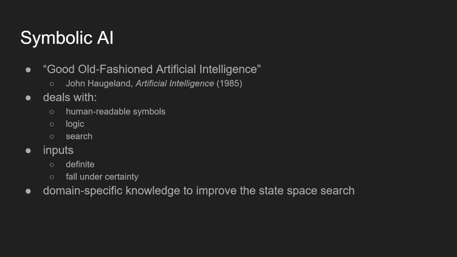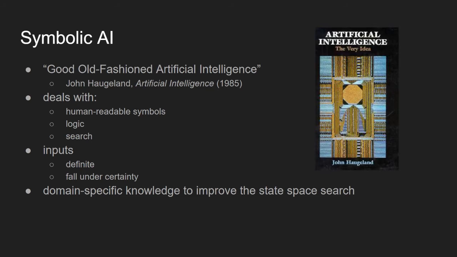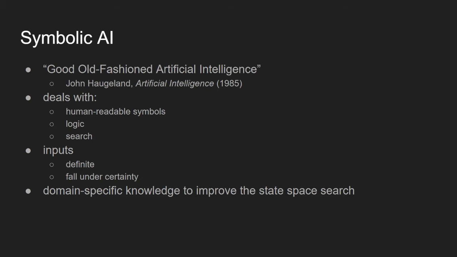Symbolic artificial intelligence, or good old-fashioned artificial intelligence, as coined by John Haugeland in his 1985 book, Artificial Intelligence, is a collection of methods in AI research that are based on problems dealing with human-readable symbols, logic, and search. Programs within this subdomain formulate outputs based on symbol-represented inputs.